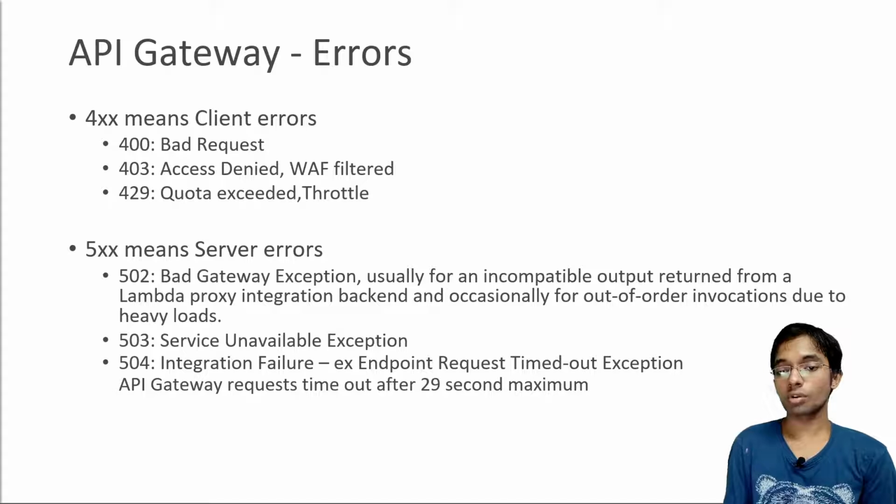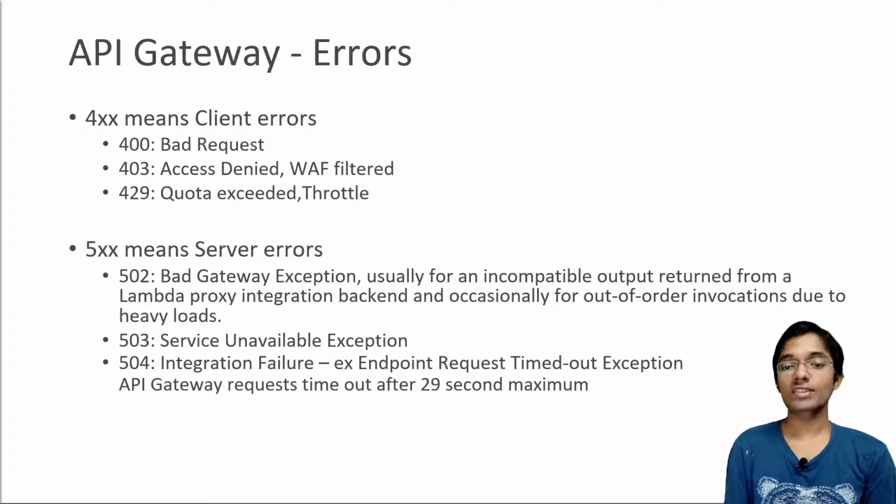And when you get a 5xx error, that means it's a server-side error. Some notable ones: 502 means a bad gateway exception. That usually means the Lambda function returns a bad output, or occasionally when you have out of order invocations due to heavy loads. You have 503, which is service unavailable exception. This is when the backend cannot respond. And you have 504, which is integration failure.